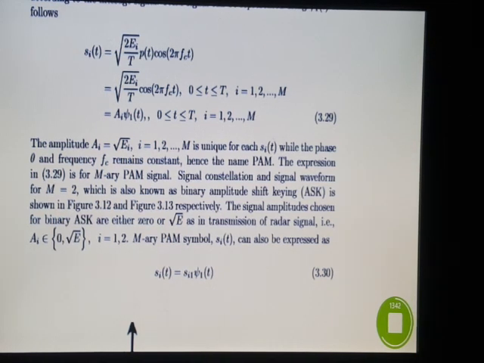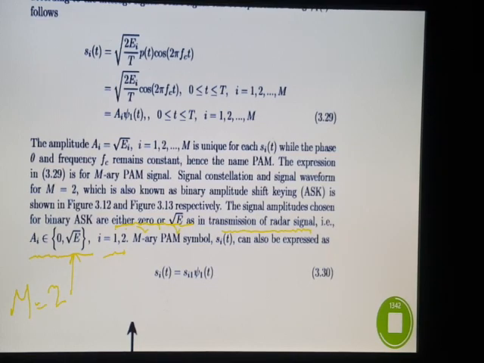The signal amplitudes chosen for binary ASK are either 0 or the square root of E, which we just saw in the figure. This is used in the transmission of radar signals. So A_i belongs to the set {0, square root of E}, and i is equal to 1 and 2, so your M is actually 2.